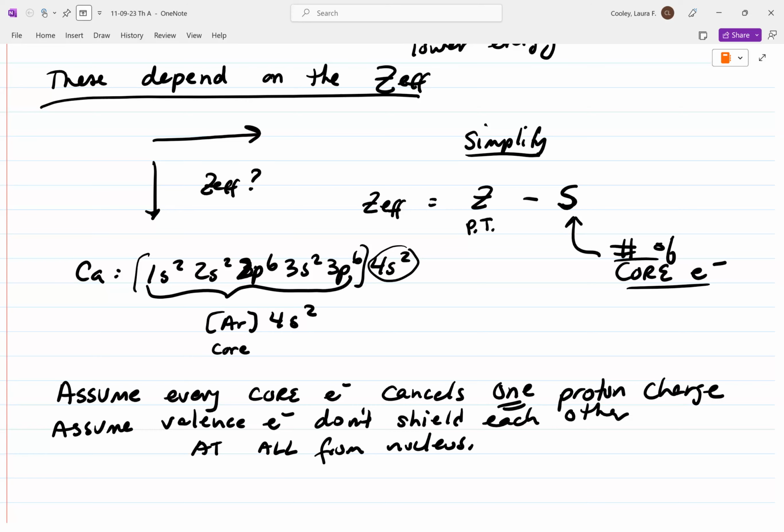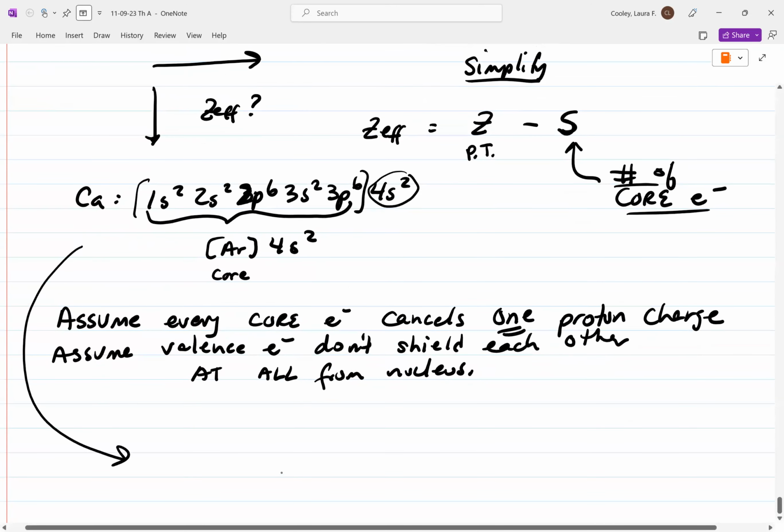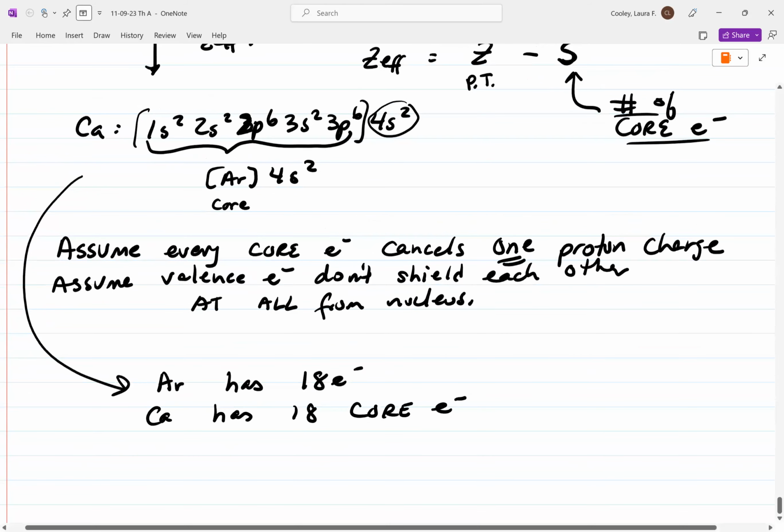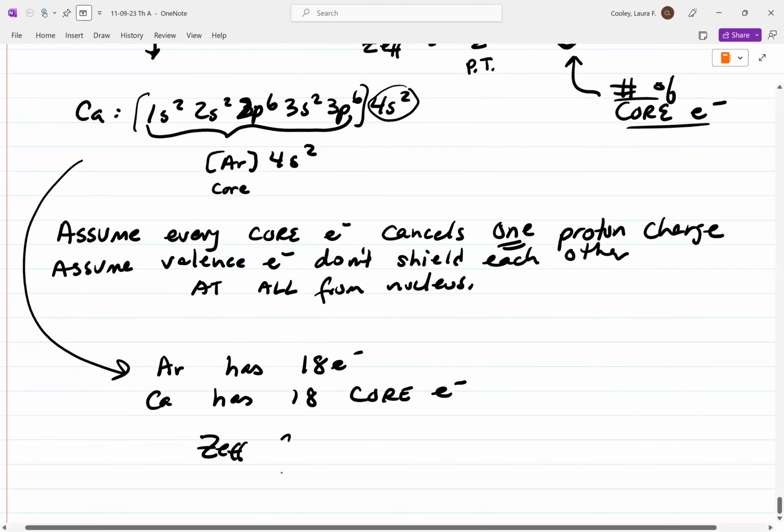So let's take calcium as our example here. Argon has 18 electrons. So that means that calcium has 18 core electrons. So Z effective for the outer electrons in calcium, what will it be?